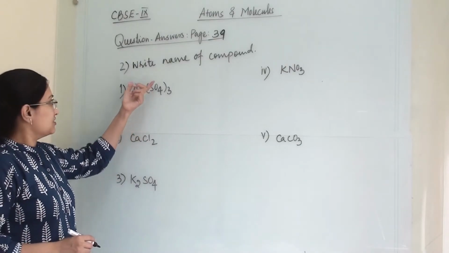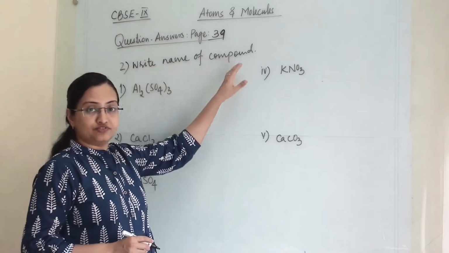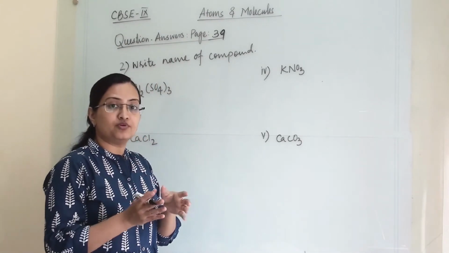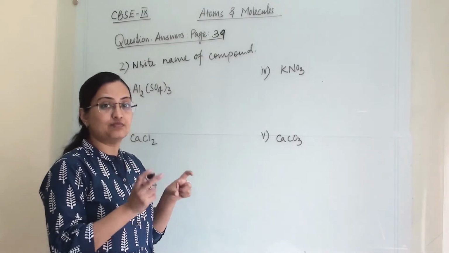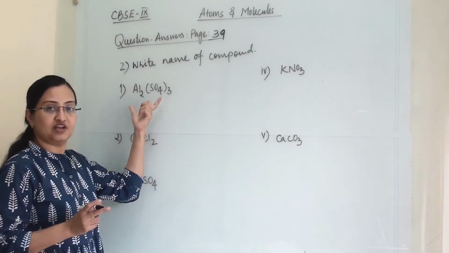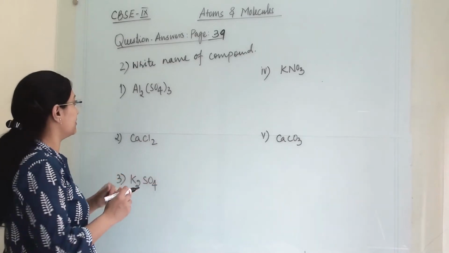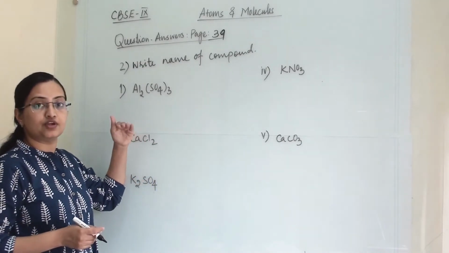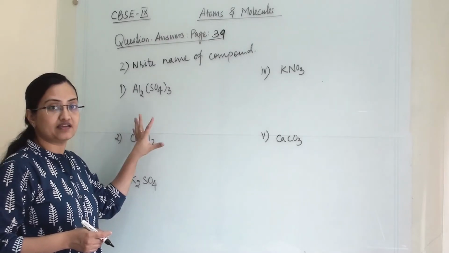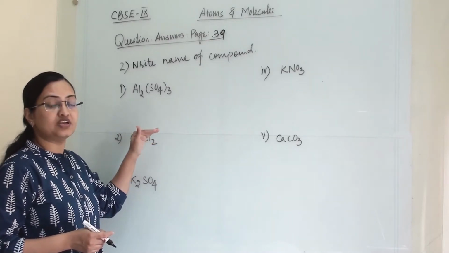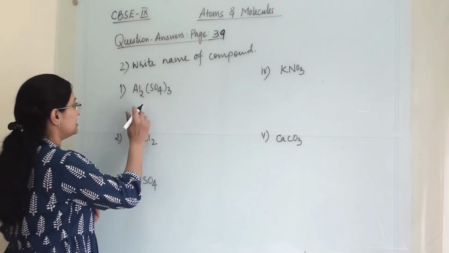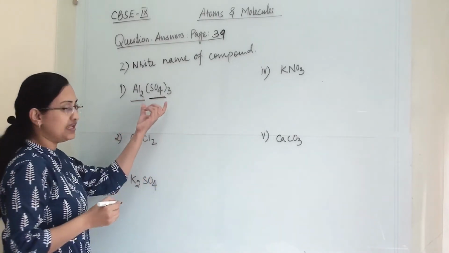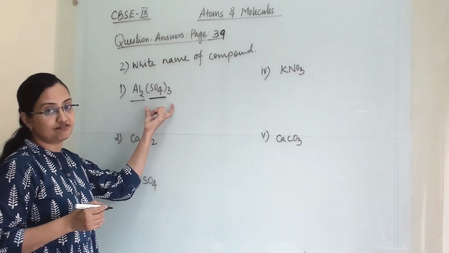Our next question. Write the name of the compound. Earlier we wrote a molecular formula from the compound's name. Here, from the molecular formula we have to write the name of the compound. How will we do that? First we see how many types of ions or atoms are present. In this, first is aluminium and then the second is a polyatomic ion, sulfate.